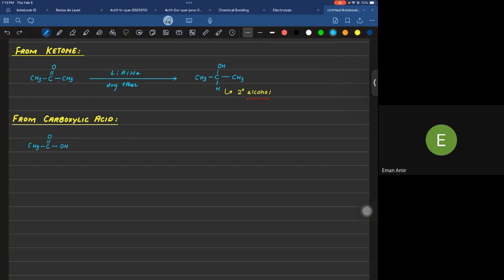So first of all, you are going to reduce it by using LiAlH4 in dry ether.